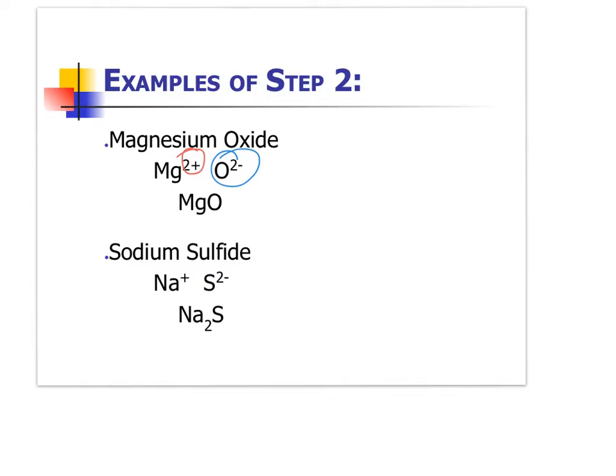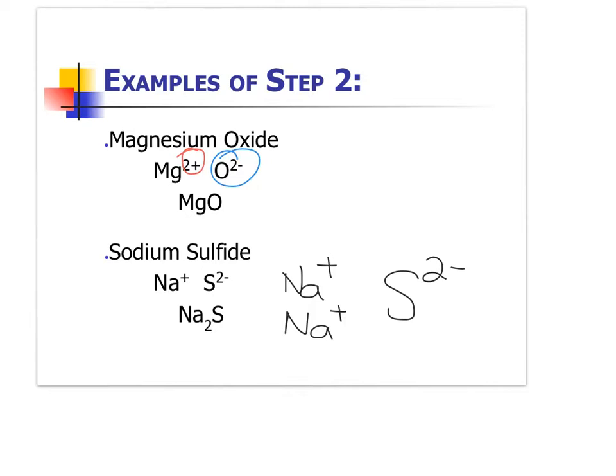Now, sodium sulfide, why do we have 2 sodiums? Why does it take 2 sodiums? Well, if we reason our way through it, it would take 2 sodiums, both with a positive charge, to cancel out the sulfur that has a negative 2 charge.